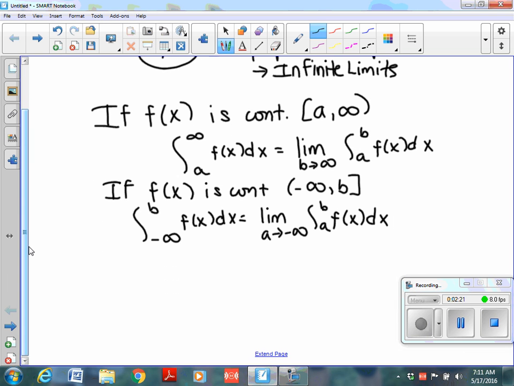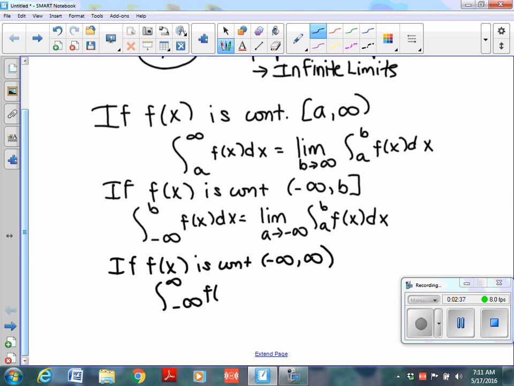And the last one: if f of x is continuous from negative infinity to positive infinity, you're going to integrate from negative infinity to positive infinity of f of x dx, which is equal to the integral from negative infinity to c of f of x dx, plus the integral from c to infinity of f of x dx.